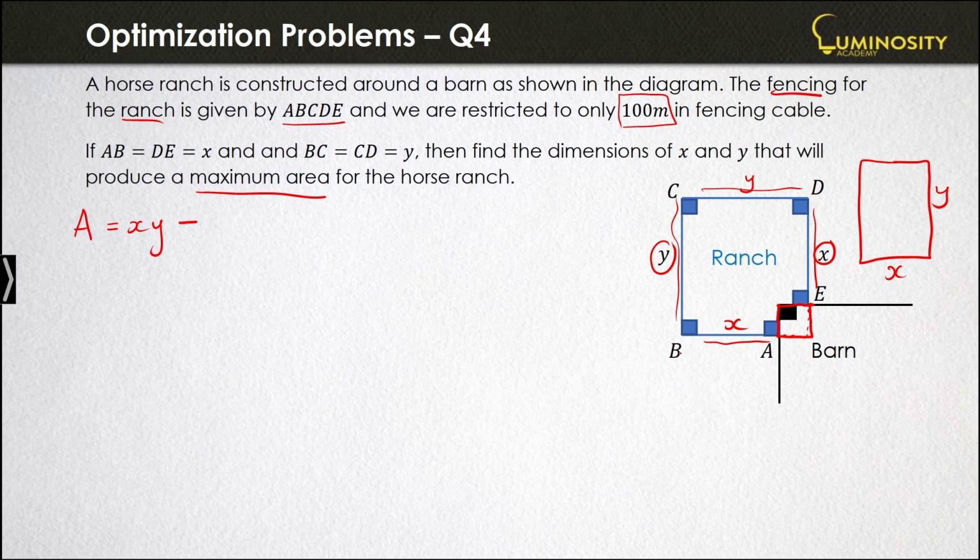If the total distance from B to there is Y, which is given by CD, and this distance BA is X, then the larger distance Y minus the smaller distance X gives us the dimension of this part, Y minus X. Similarly here, the larger distance is Y, and we subtract the smaller distance X, so this dimension is also Y minus X. So there's a little square with dimensions Y minus X, and its area is Y minus X squared, because the area of a square is its side length squared.